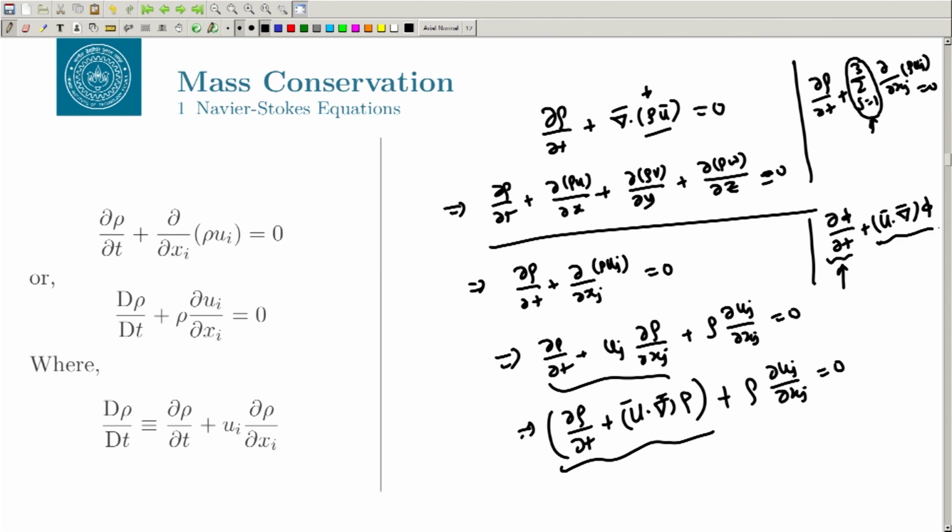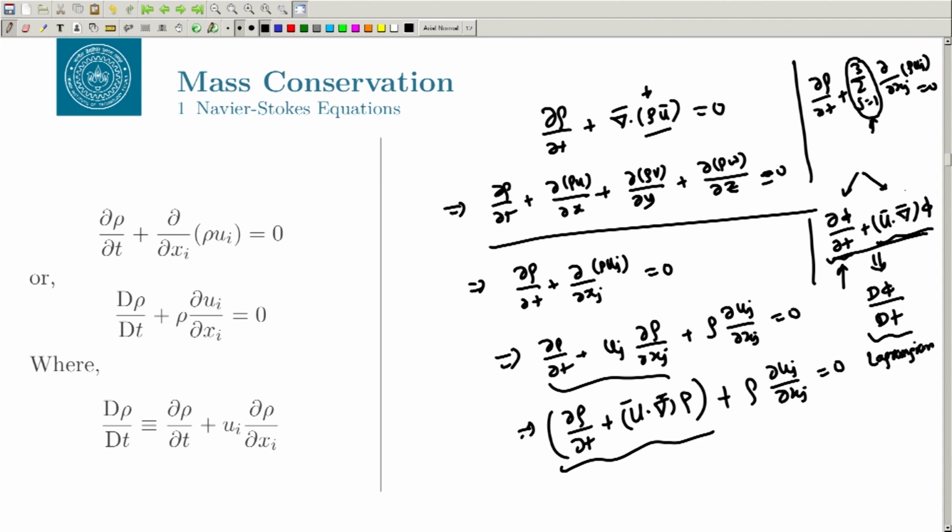If you are in the control volume, you will have these two parts: the flux or the advection happening separately due to some velocity, and the time rate of change. But if you are in the system, this entire thing comes into one part, which is d phi by dt. This is the Lagrangian representation.